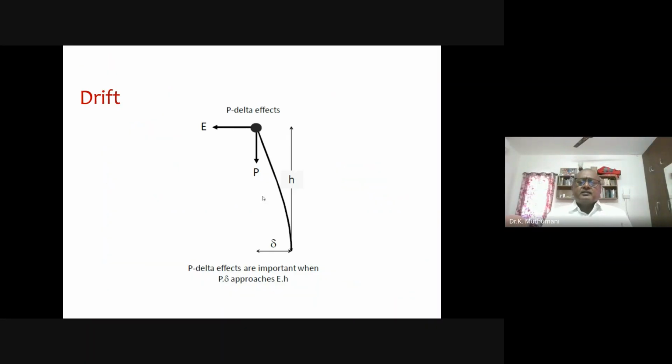Another thing is, this is only for high-rise buildings, not for a normal building. Suppose you go 40-story, 50-story and so on. In that case, there is the P delta effect, that is, the vertical load which is now shifted because of the lateral movement. If P into delta approaches the lateral force into height, then there is a kind of stability problem.